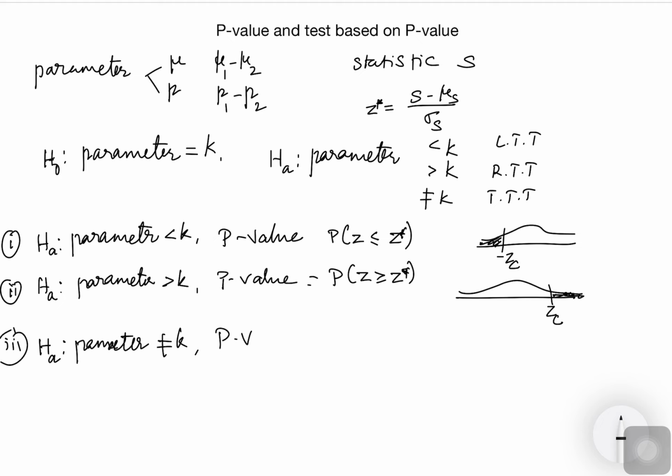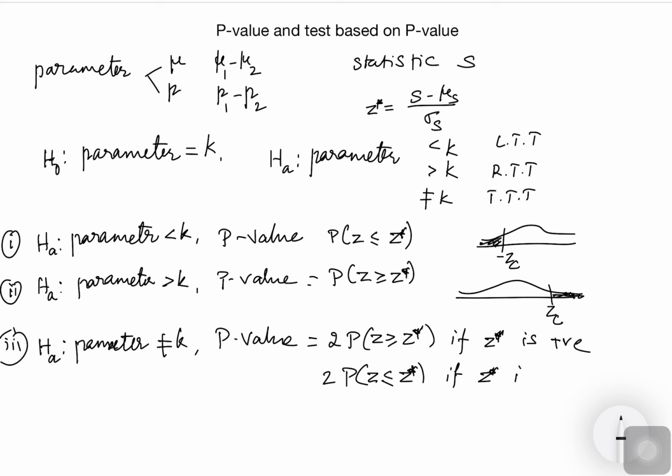In this case, the p-value would be 2 times the probability of z greater than or equal to z star if z star is positive, and 2 times the probability of z less than or equal to z star if z star is negative. And we know the region of rejection for the two-tailed test: anything beyond zc and anything beyond minus zc will be rejected.